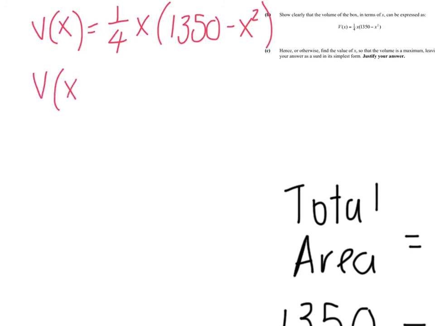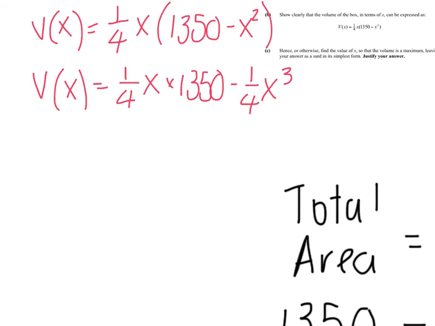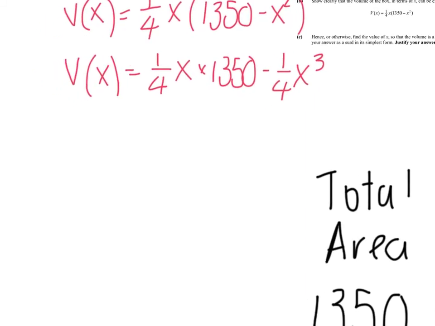So V of x equals 1/4 x times 1350, and then 1/4 x times x squared, which is 1/4 x cubed. So give ourselves a little bit more room.